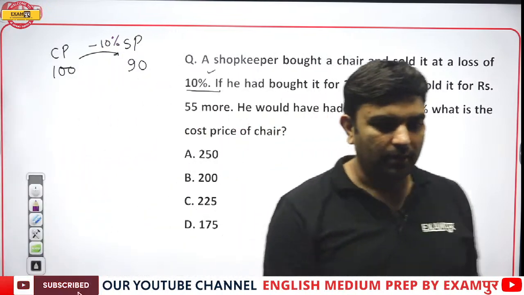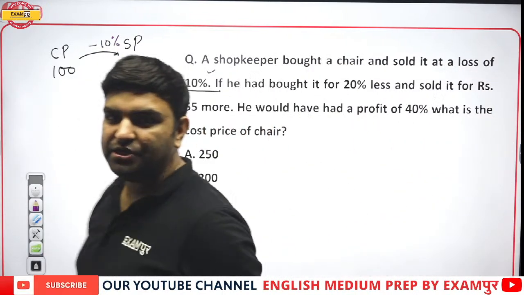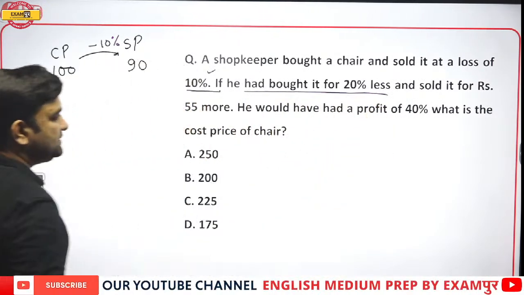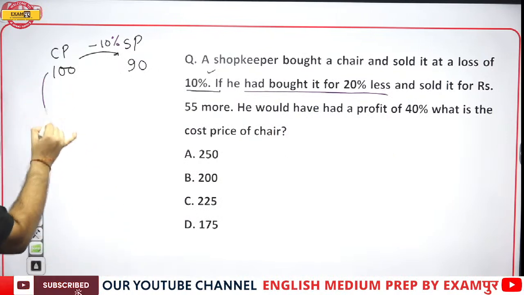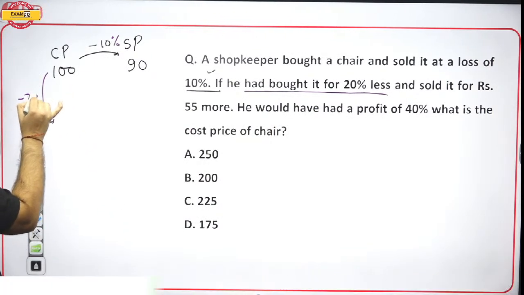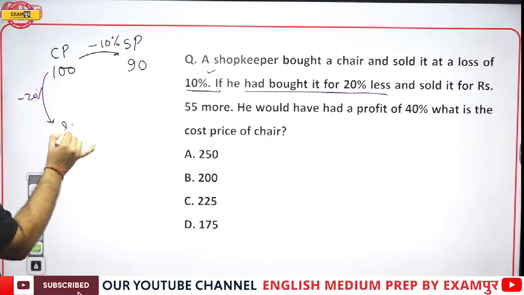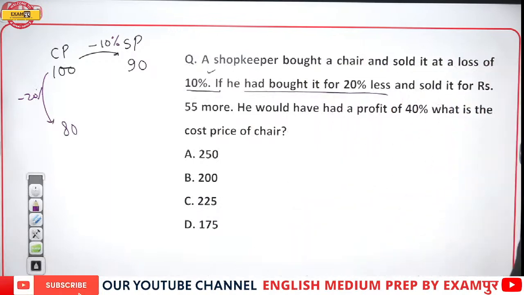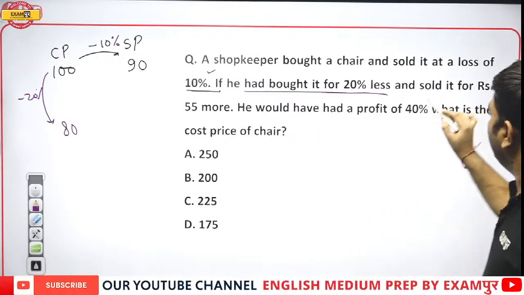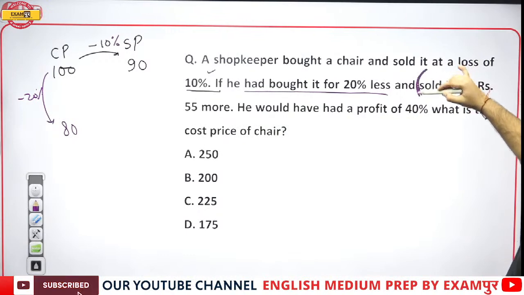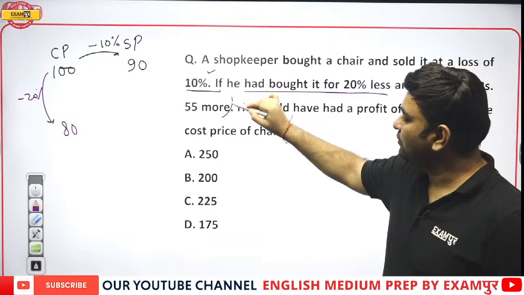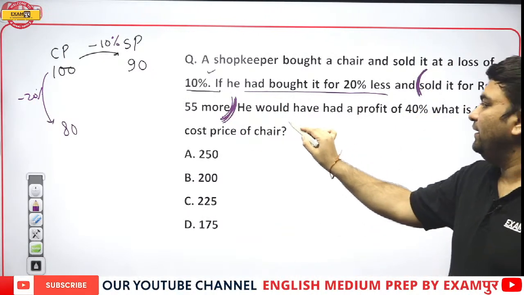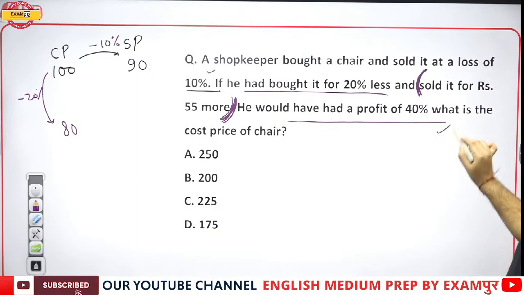Now the condition. If he had bought it for 20% less, the CP would be 20% less, means 80. We will skip this line as of now and directly read that he would have gained a profit of 40%.